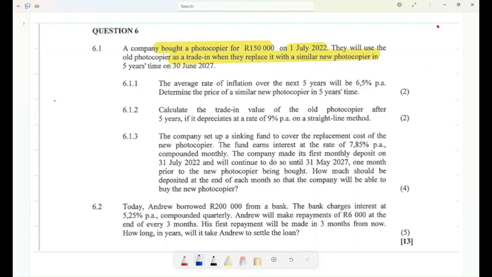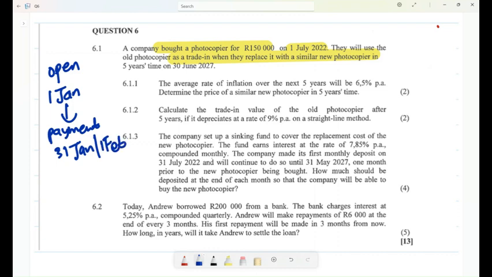Another important thing is that when you open a savings account on 1 January, you should start making regular payments from 31 January or 1 February, a month after opening it.